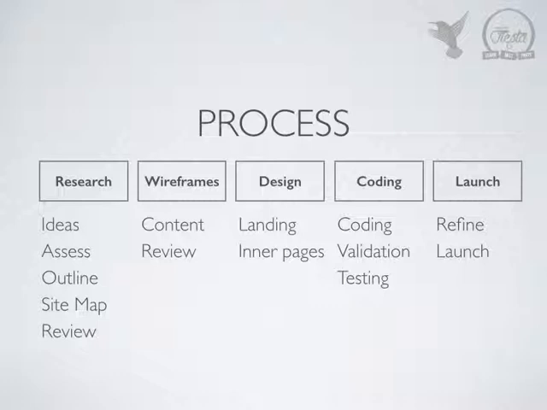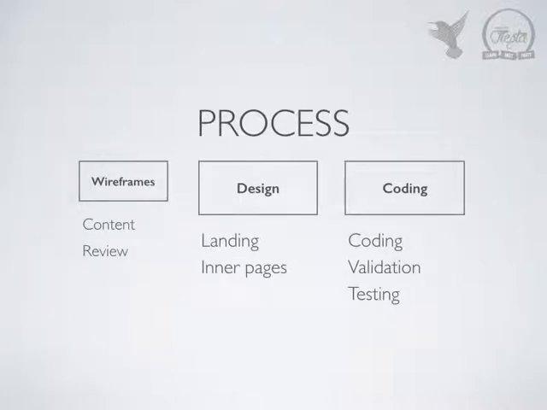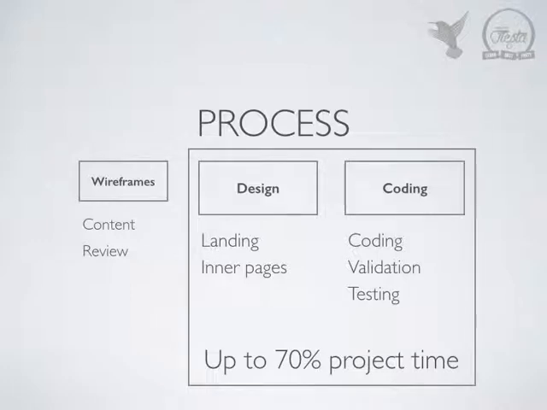From all these steps, I would like to highlight three: wireframing, designing, and coding. And I would like to focus attention on designing and coding in general, because this is what takes up to 70% of all project time.